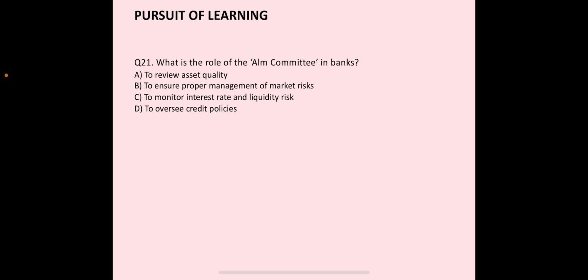So the correct answer is to monitor interest rate and liquidity risk. What does our ALM committee do? It monitors interest rate and liquidity risk. Correct answer is option C. Next question.